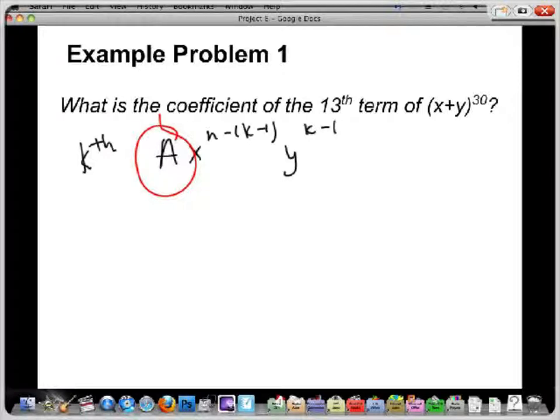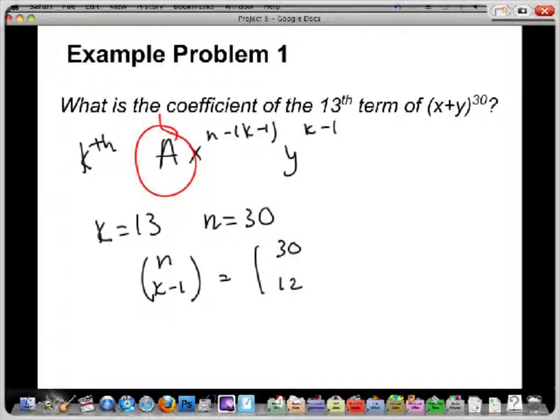If we set k equal to 13 and n equals 30, we can find the coefficient by applying the binomial theorem. So we have n choose k minus 1, which is equal to 30 choose 12, which gives us a coefficient of 86,493,225.